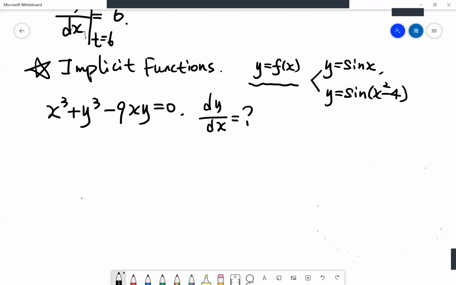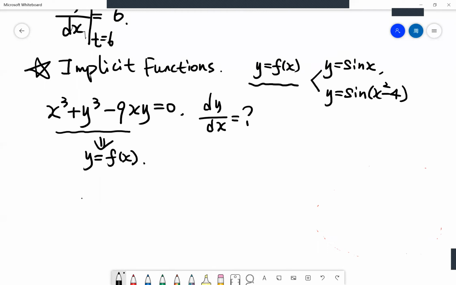We can see that is not easy, right? Because it is hard to write this equation in the form y equals f of x, or to put all the y on the left and all the x on the right.